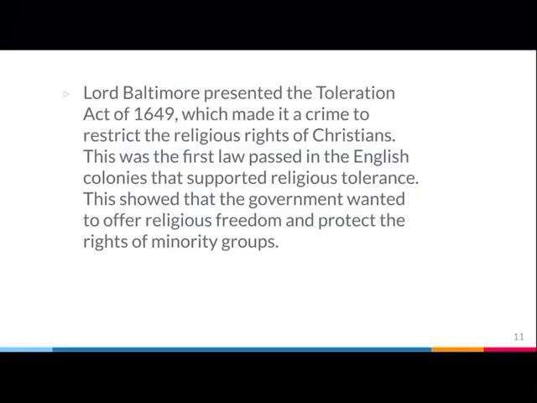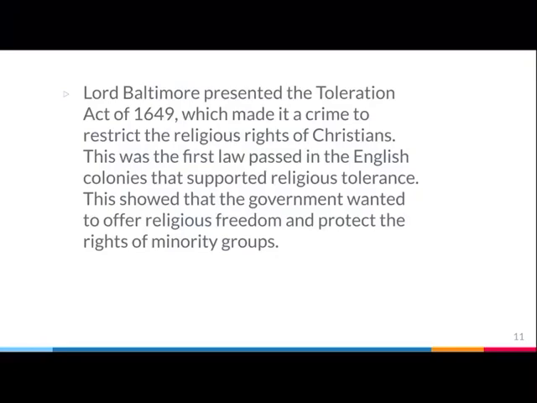And so this was the first law we see in the English colonies that supported religious tolerance, as in you are tolerant, you're accepting of other religions, especially religions of the Christian faith. I want to make sure that is known.